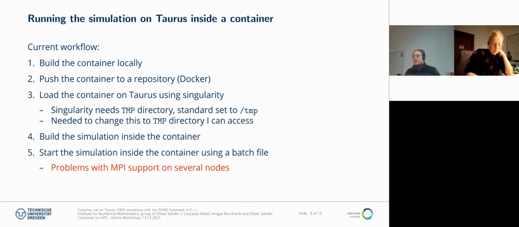Singularity uses it for converting the container, I think, and I think some security policy did not allow using the globally accessible /tmp. I don't know which security module it was, but I didn't like using it, so we just used a different directory.